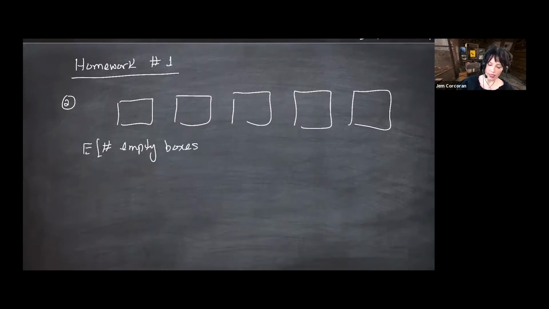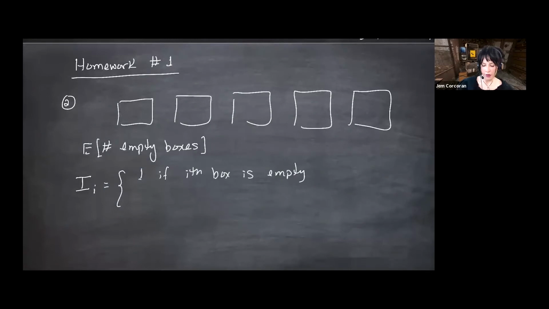So I gave you these indicators, I sub i, to be 1 if the ith box is empty and 0 otherwise. You could set it up the other way, but I wanted to indicate when the box is empty, which is what I'm really looking for.